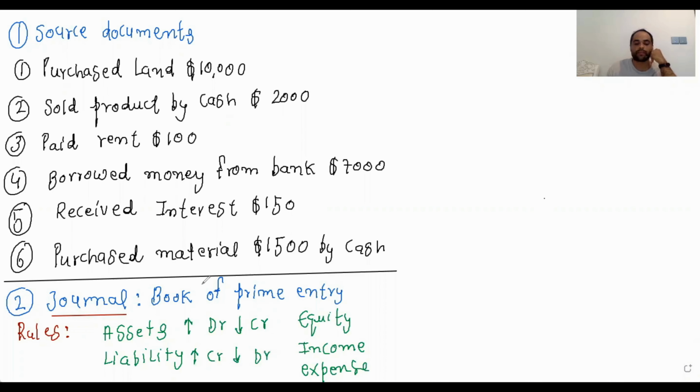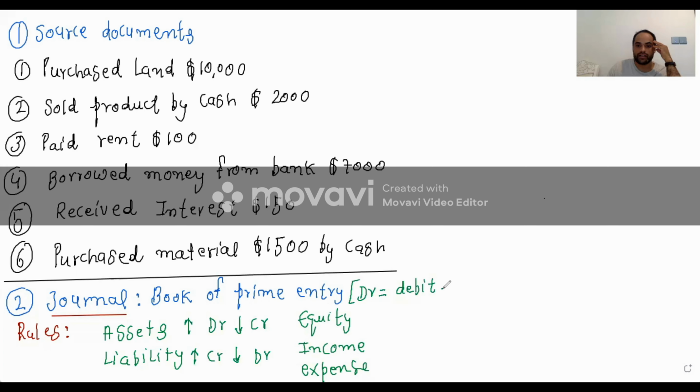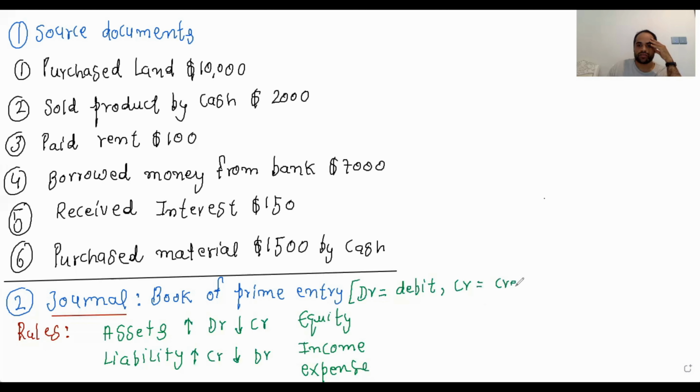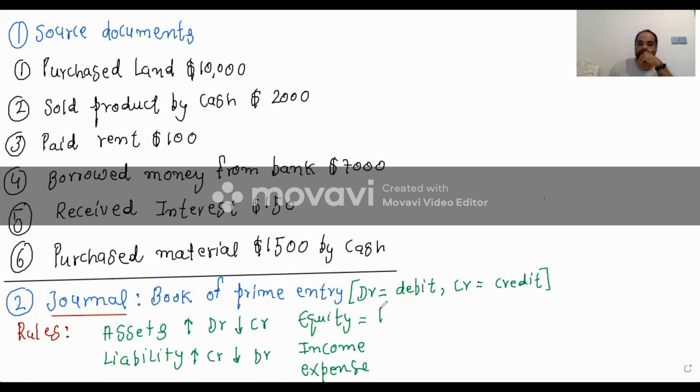So we use the words debit and credit. DR stands for debit and CR stands for credit. Equity increase, credit; equity decrease, debit.